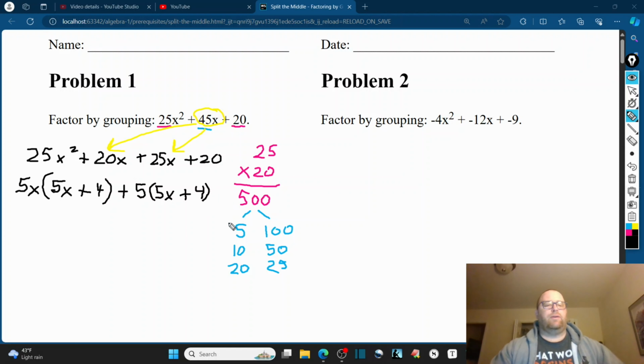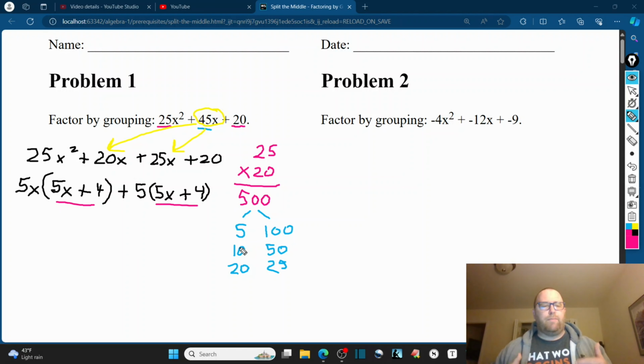Now, if you notice here, we've got the same binomial here and here. So if we were to work back from the double distribution method, I haven't made a video on that yet, but if I make one, I'll link it in the description.